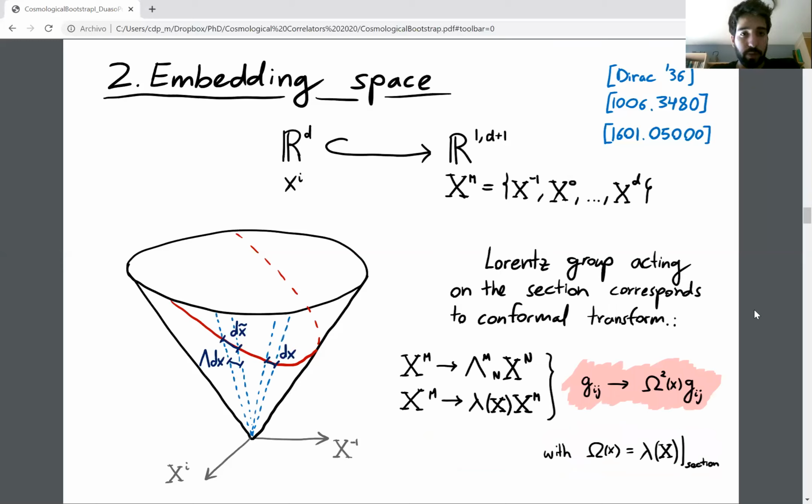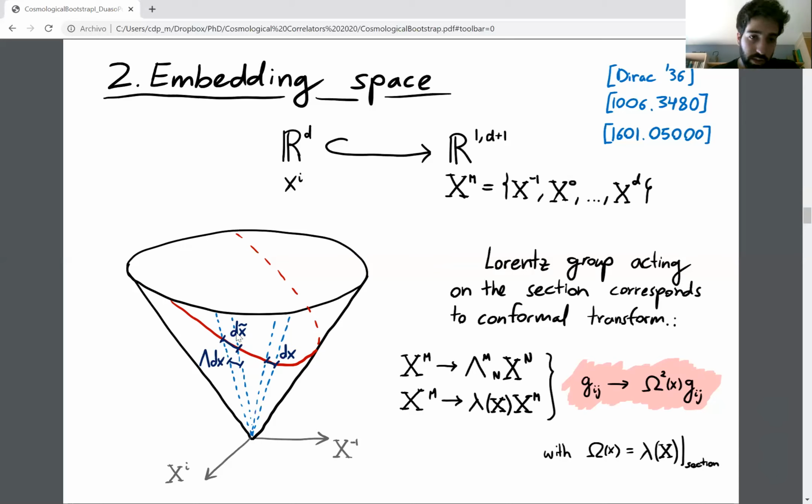And this is the magic of this embedding space. So now we can assign a light ray to each point in this section, and then if we do a Lorentz transformation in this higher dimensional space to points of the section, this Lorentz transformation we are going to define precisely as a Lorentz transformation and then a rescaling back to the section, then the points of the section after the transformation are related by a conformal transformation.